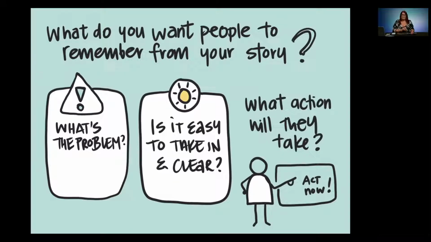And is it easy to take in and clear? You want to be able to tell it in a very clear way that people understand. And of course, we're going to be going on to test your story, so you'll soon find out anyway, and that's where you iterate a story a few times.